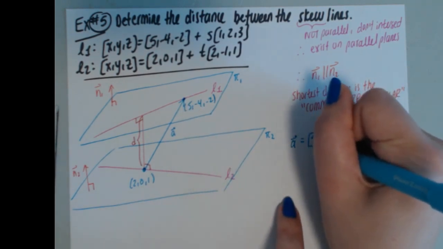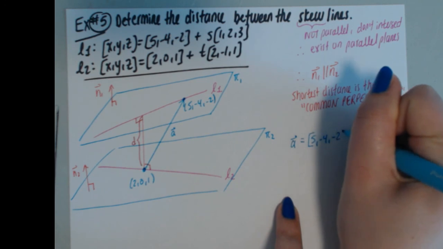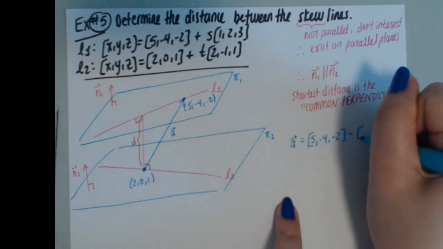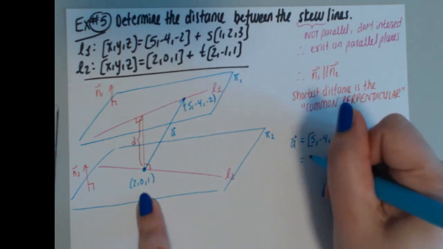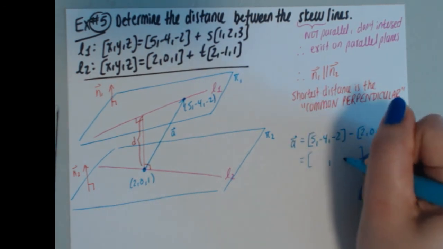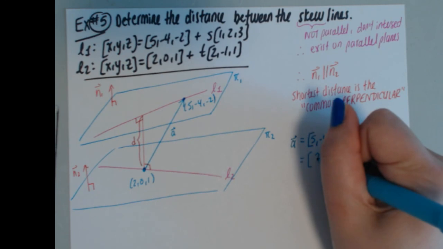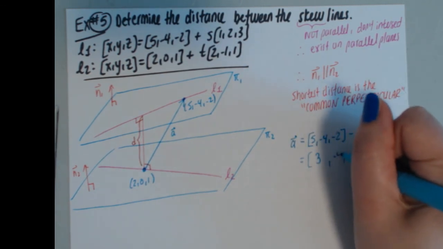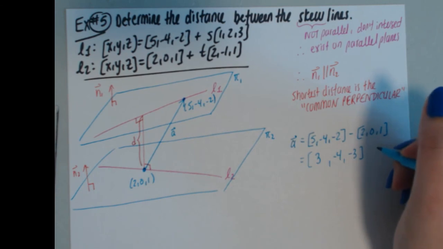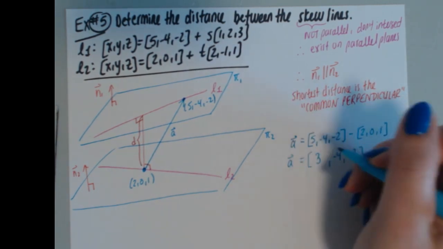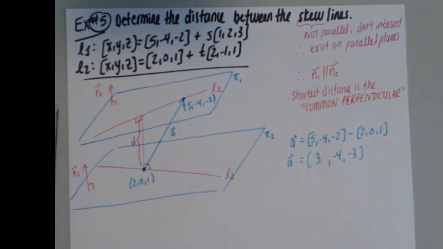So that would be (5, -4, -2), and subtract the vector (2, 0, 1). All right, so I'm going to end up with one vector here. So 5 minus 2 is 3. Negative 4 minus 0 is negative 4. Negative 2 minus 1 is negative 3. So (3, -4, -3). That's my vector A. So how's that going to help us?